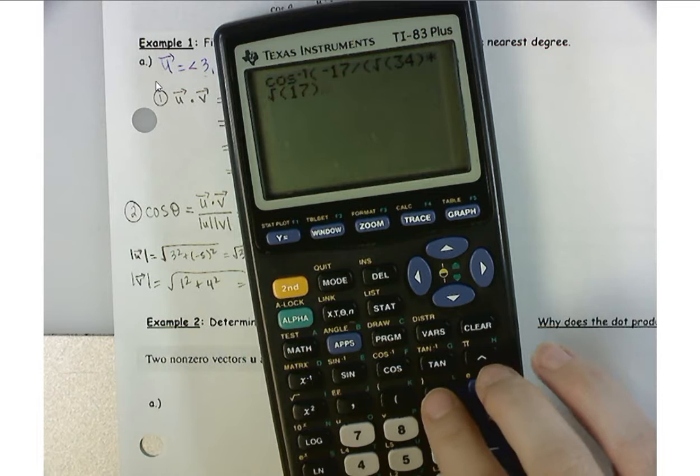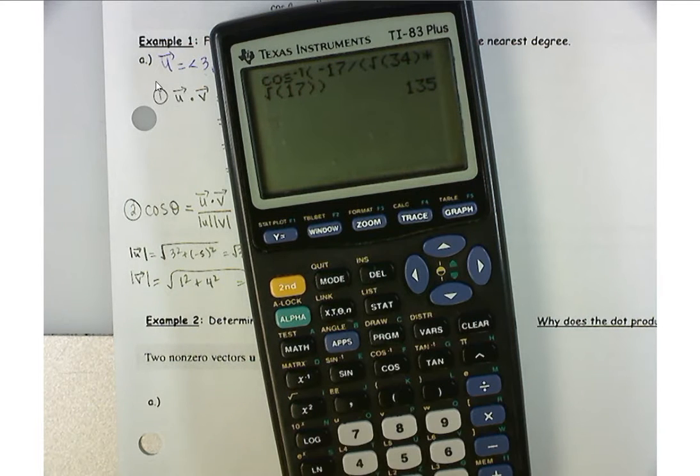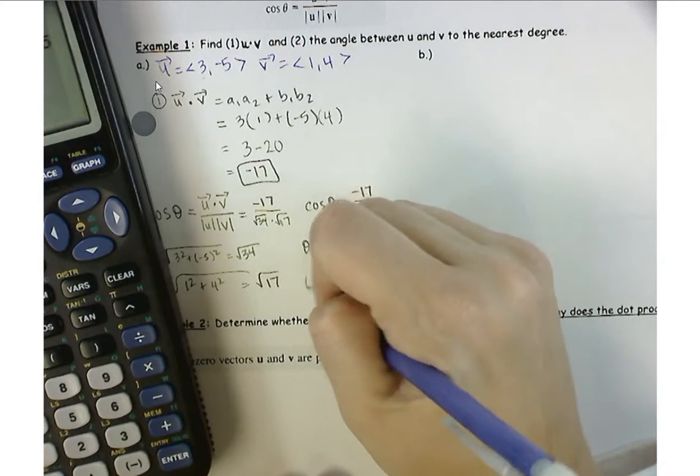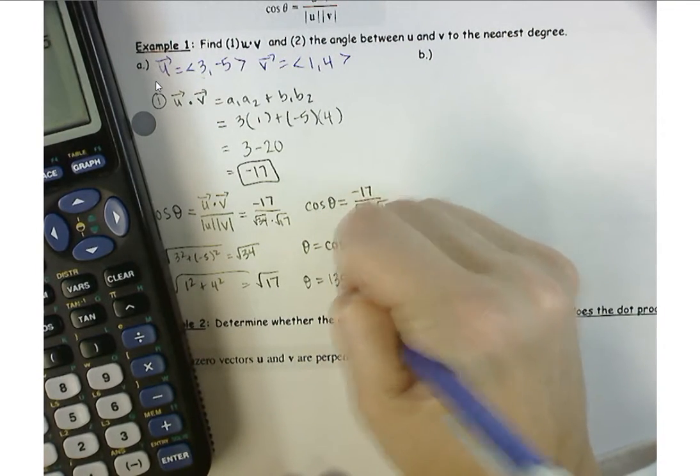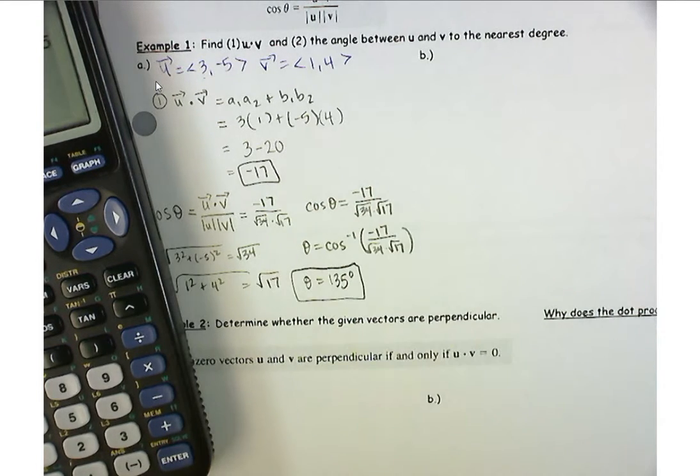If you do get a domain error, it's because you have most likely not put that in your calculator correctly. So that's why it's important for you to do this and not just watch me do it. And then you get 135 degrees, and that is your angle between the two.